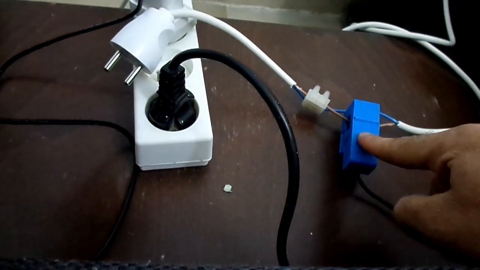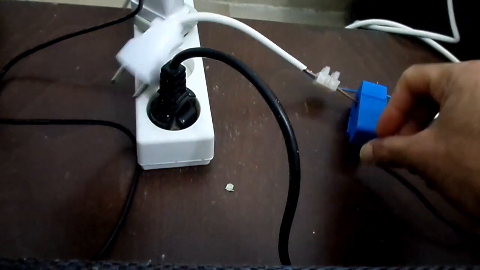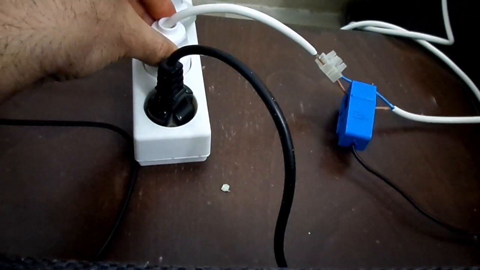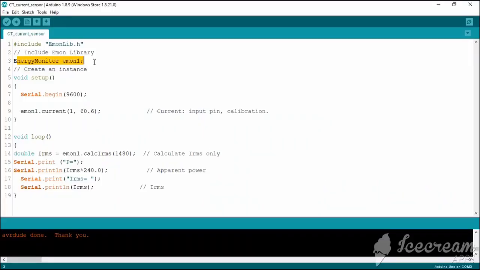As you see, we clamp our CT sensor around one wire and we connect our 100 watt bulb. In void setup, we call the serial and we set the Arduino pin. It's the analog Arduino pin A1, and we put the calibration coefficient.